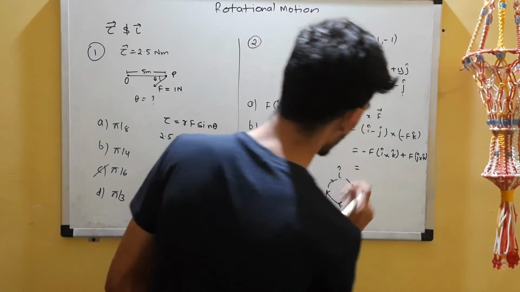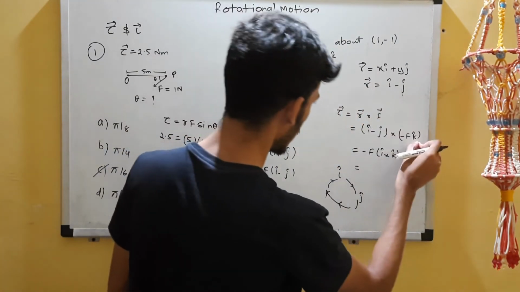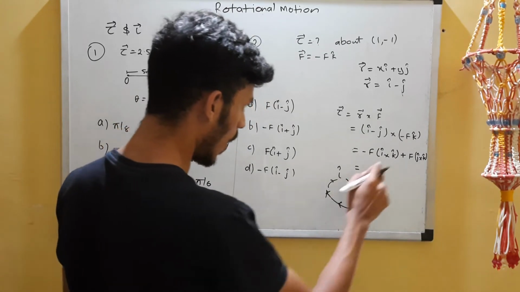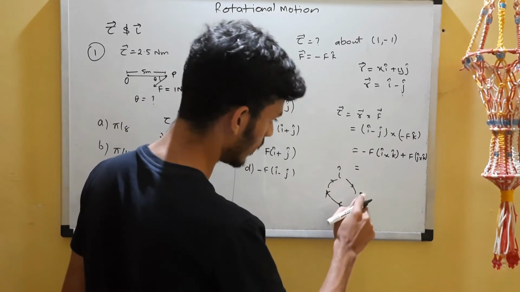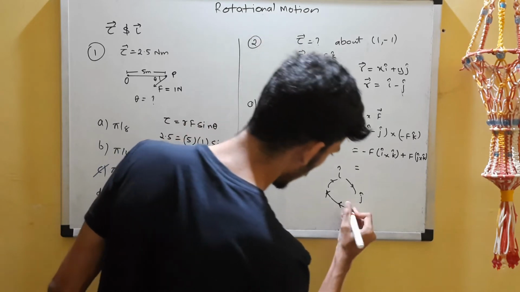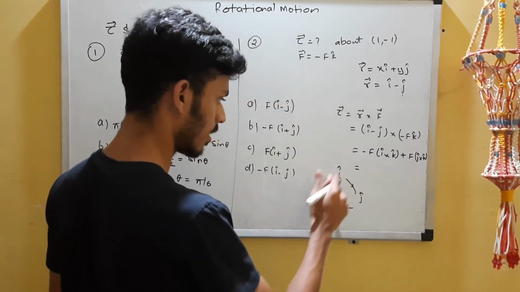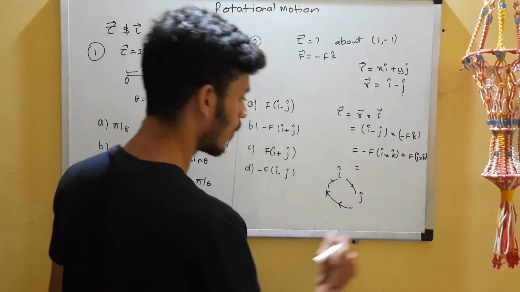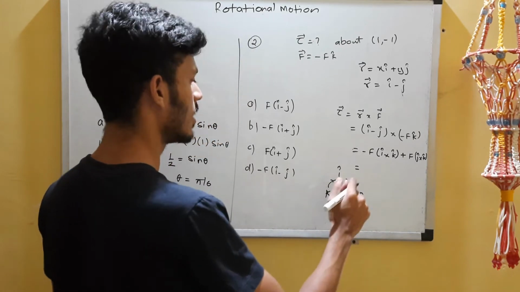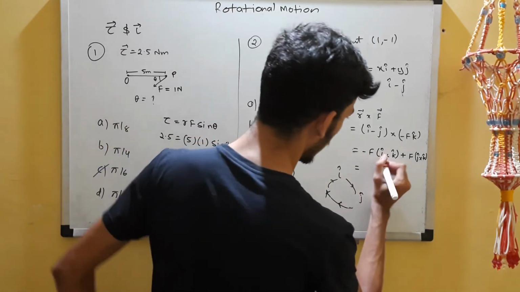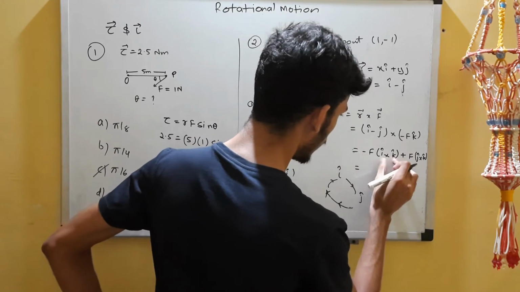So order is important, i cap cross k cap. Now i cap cross k cap, you can see that it will give you j cap, but it is going in the opposite sense, right? Clockwise is positive and this is negative. If you go opposite, it is negative. So this will give you minus j cap.